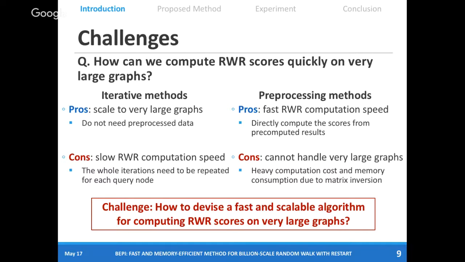The advantage of the pre-processing method is that it shows fast RWR computation speed because it directly computes the scores from the pre-computed data without iteration. But it cannot handle very large graphs because it requires heavy computational cost and memory consumption. So the main challenge is how to devise a fast and scalable algorithm for computing RWR scores.